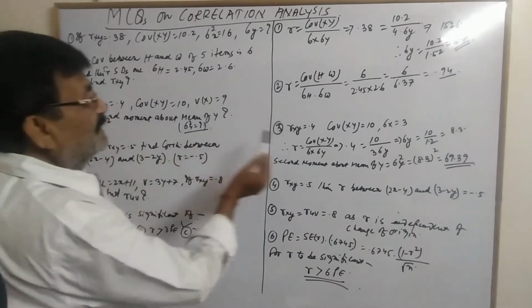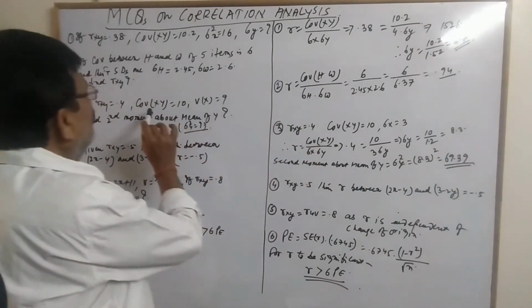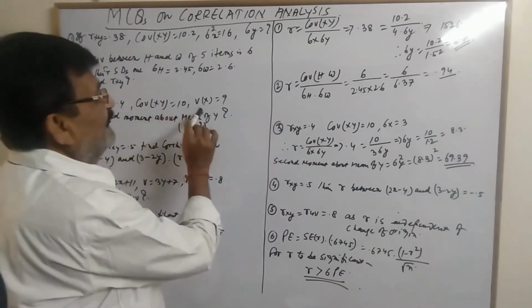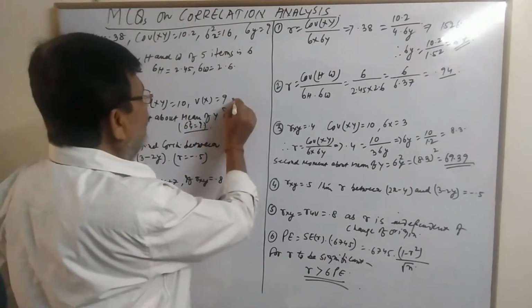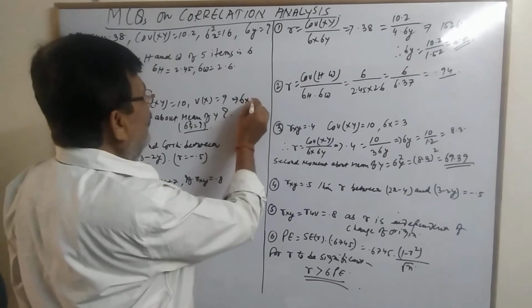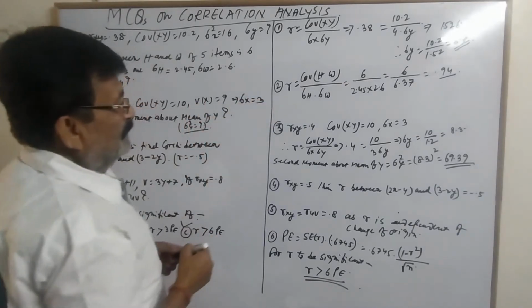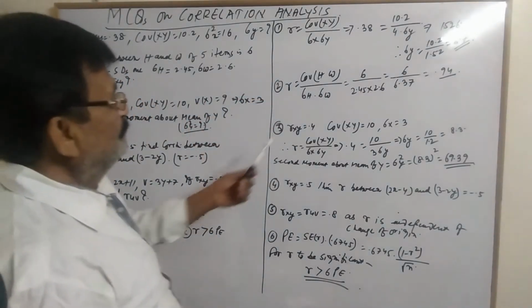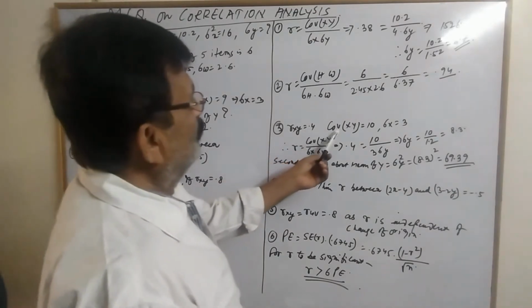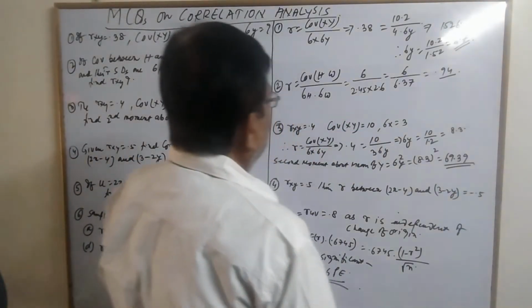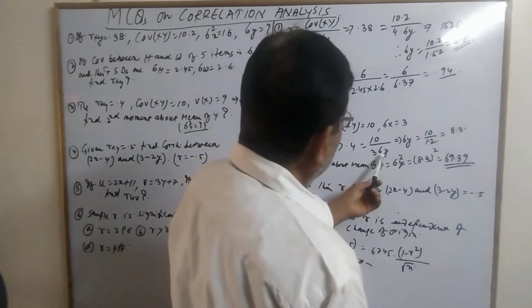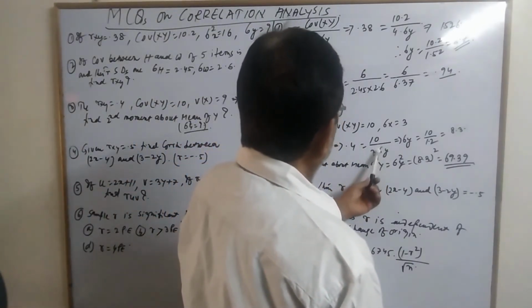So Rxy is given as 0.4, covariance xy is 10, and variance of x is 9. So obviously, the standard deviation of x would be 3. Now let us put all the values. First of all, we must calculate the standard deviation of y.